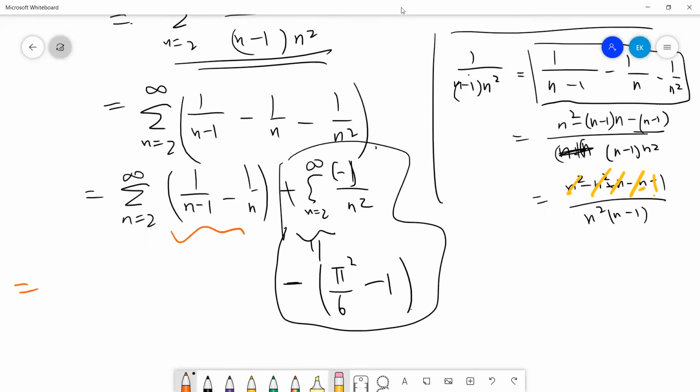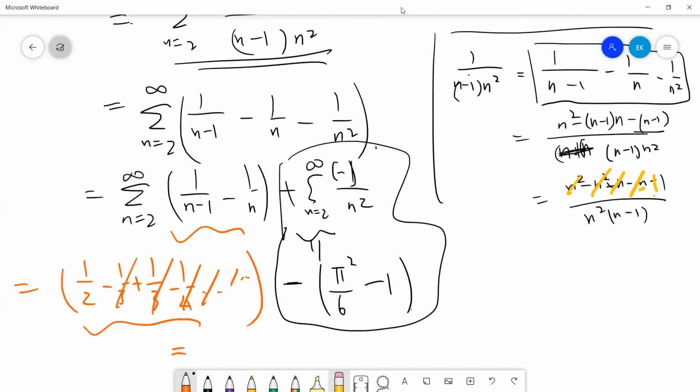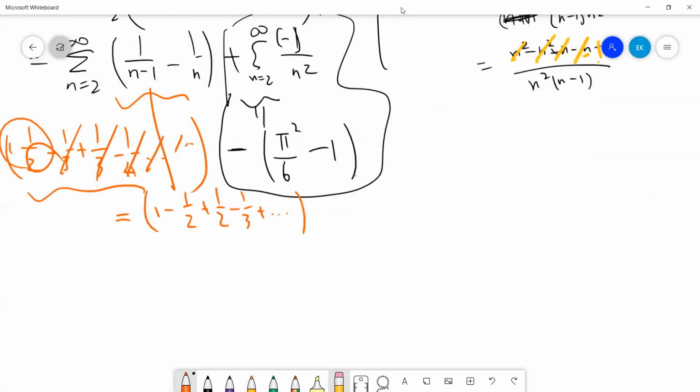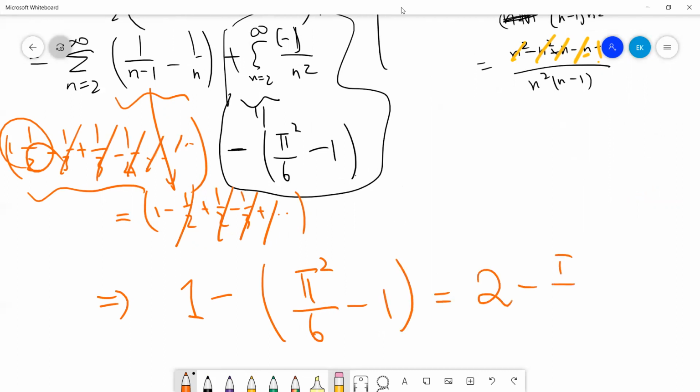How about the first part? It is very easy: 1 minus 1 over 2, plus 1 over 2 minus 1 over 3, plus 1 over 3 minus 1 over 4, and so on. The cross terms cancel, and finally you get 1. So the answer will be 1 minus (pi squared divided by 6 minus 1). So the answer is 2 minus pi squared divided by 6.